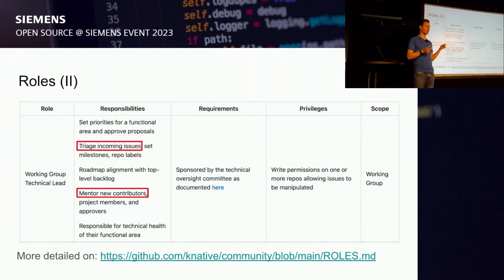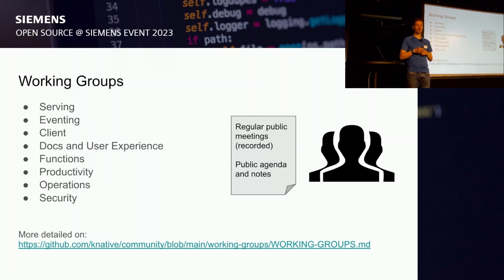Then at last we have the working group lead. That's basically the person leading the whole effort on a specific area. That one also has to triage issues, prioritize stuff, and help new contributors with mentoring, label issues that are good to start out, stuff like that. We have several working groups.